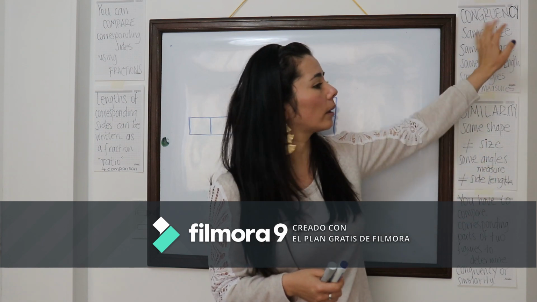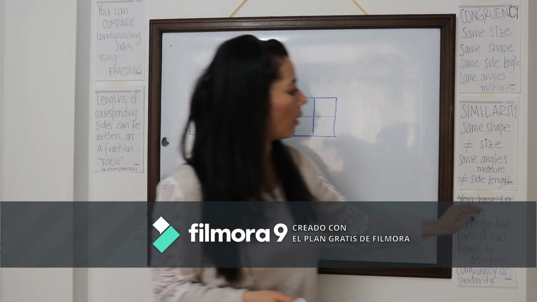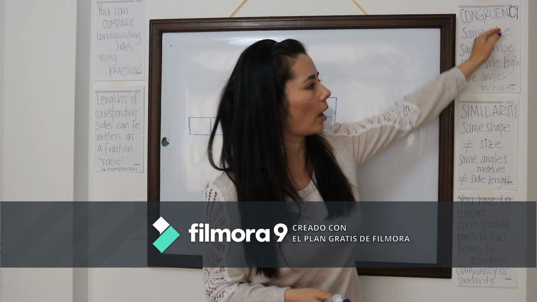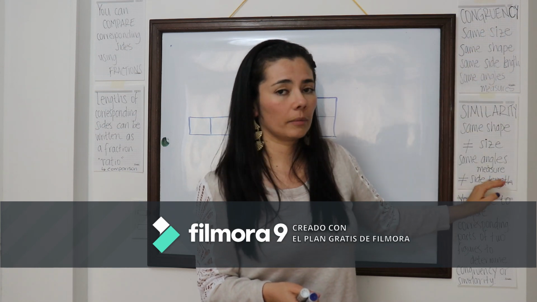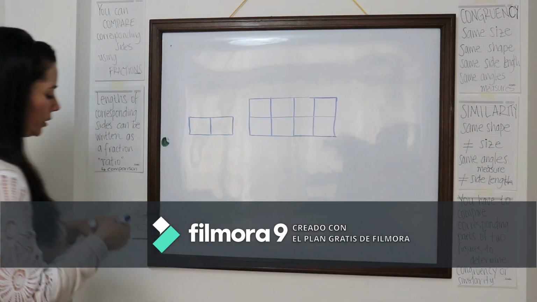So all congruent figures are going to be similar, right? But if we go the opposite way, from similar figures to congruent figures, not all similar figures are going to be congruent figures. So maybe that's something we need to keep in mind.